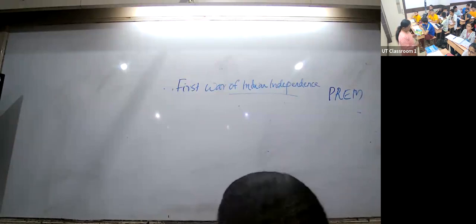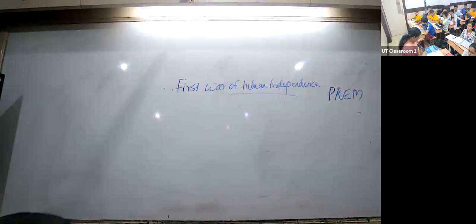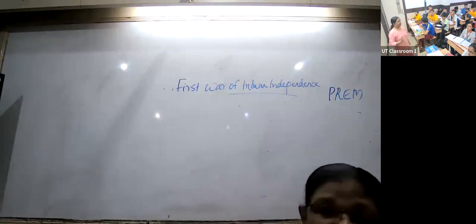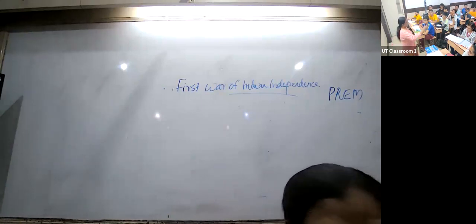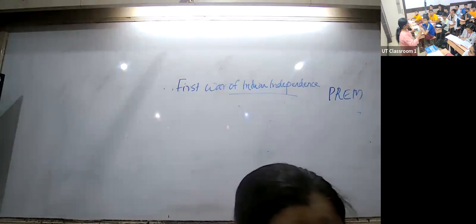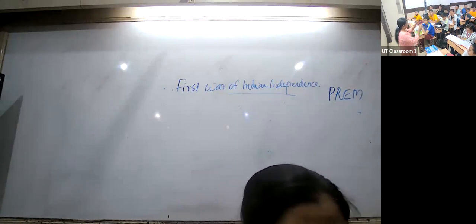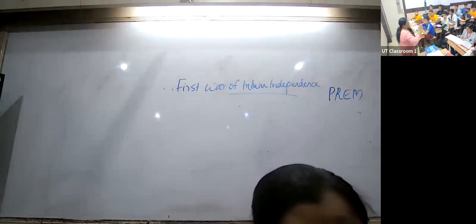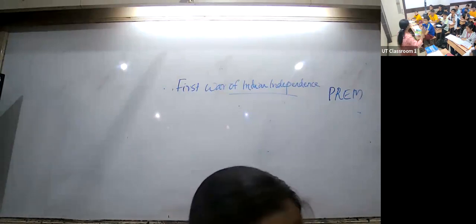Got it? Now the next point is fears regarding Western education. What are the fears? When Western education was introduced, people began to think in a different way. What example shall I give you? People began to spread that if girls get educated, they will become widows.